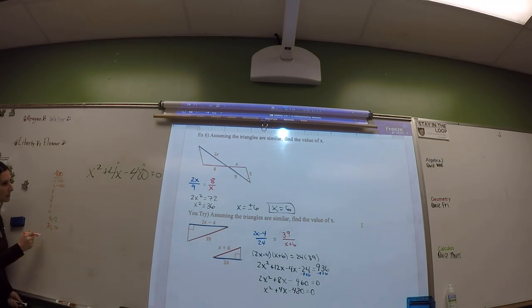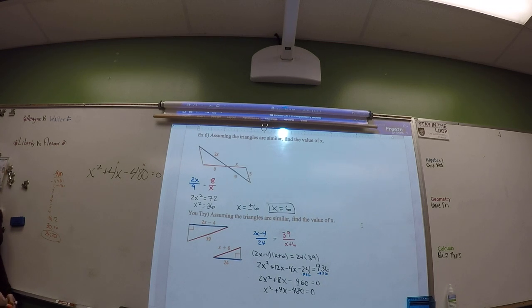How about 24 and 20? Yeah, that one works. In order for this to work, you would need a negative 20 and a positive 24.